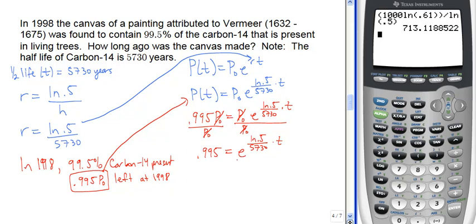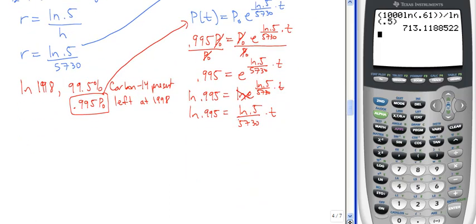So to solve for it, I'm going to do my ln's of both sides. And that ln and that e are going to cancel each other out. So I get ln of 0.995 equals ln of 0.5 over 5730 times t. T is being multiplied by this fraction, so to solve for t, we're going to want to multiply both sides by the reciprocal, but it cancels out on the right side.